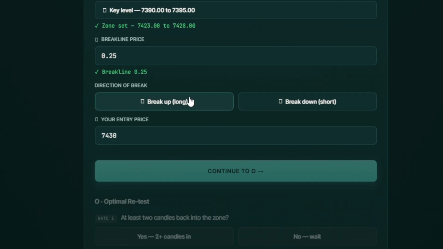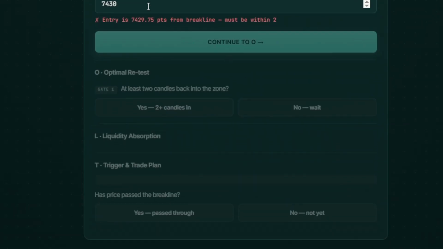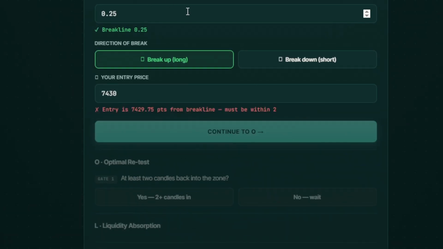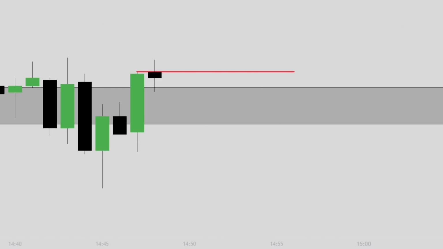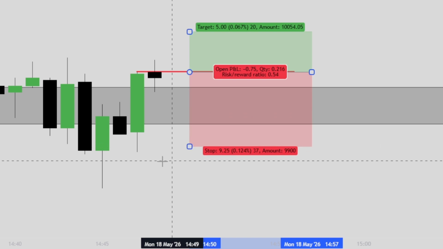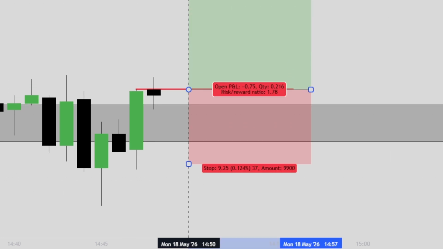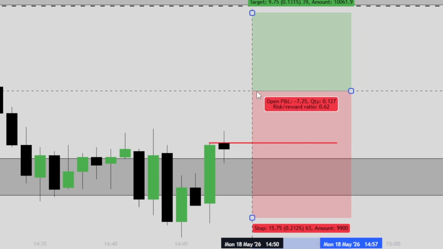Okay. Now, direction of break, are we bullish or bearish? Well, we're bullish, aren't we? We're break above. Now this is what's interesting. The break line price is 74.30. And what you want to try and do is get your entry price, where you actually pull the trigger on the trade, so your long position, as close as you can to the actual break line. So you don't want it here, for example, right?